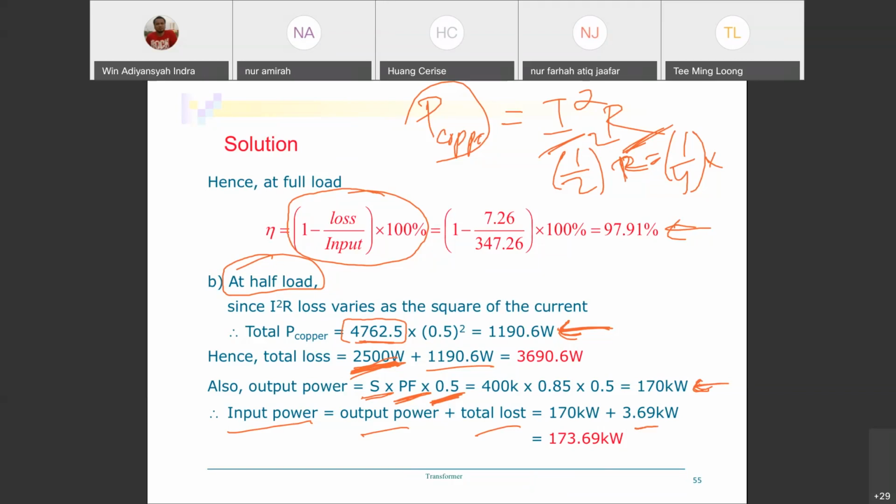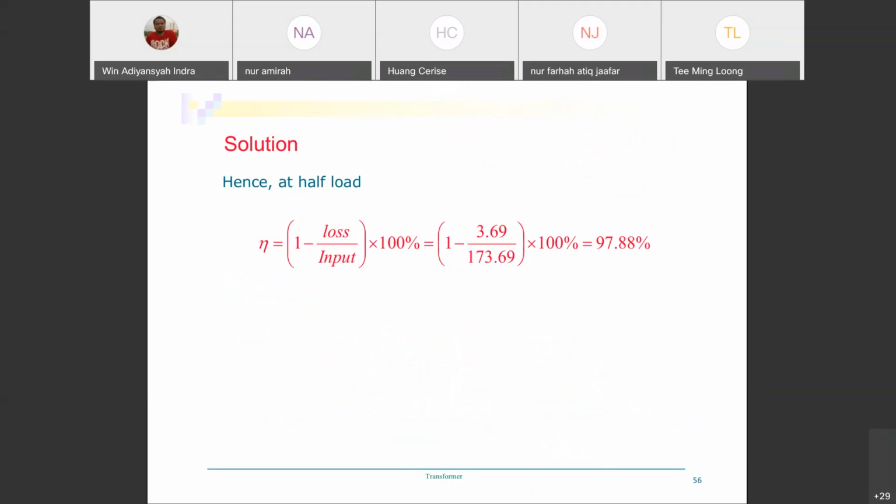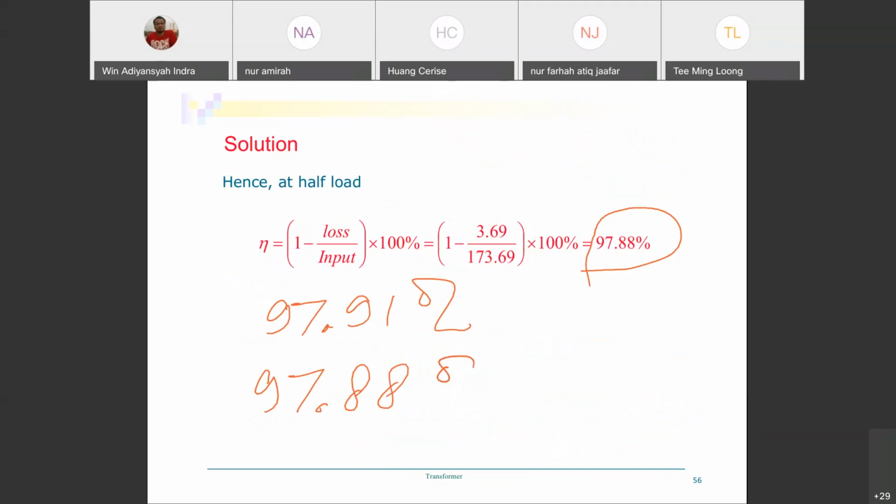Total loss is this one. Okay, so you have the input power. Using this formula again, you will get the efficiency for half load. Just now full load efficiency is 97.91. Half load 97.88. So not much different.